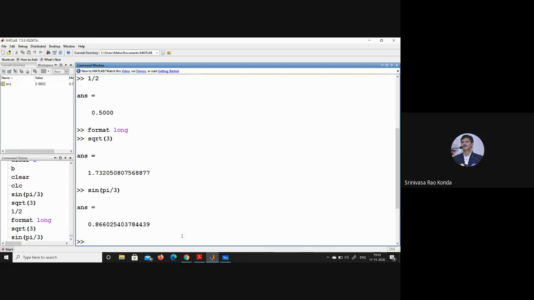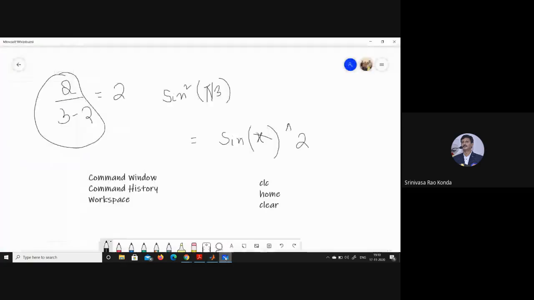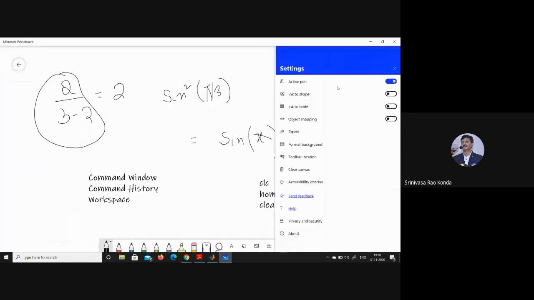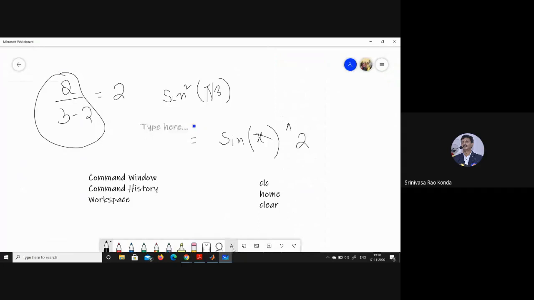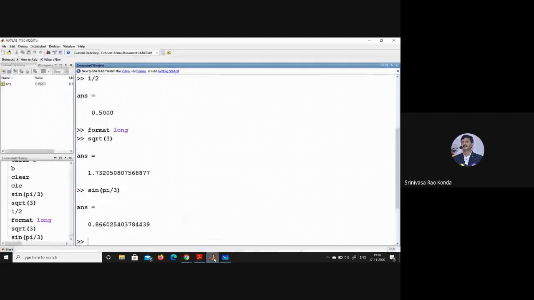Now we are familiar with one format. What is the new format? Format long. If you take format long, MATLAB displays the answer up to 15 decimal places.